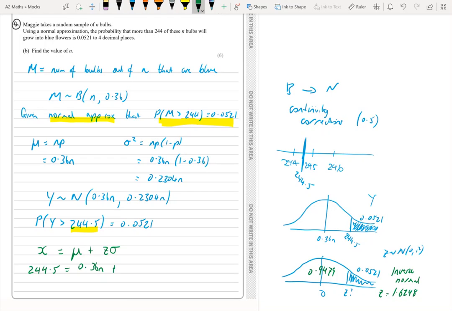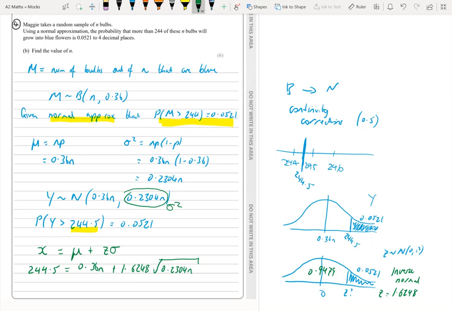Z is the only thing that we take from the underworld. That's 1.6248. And sigma, if we look back at our distribution, this is variance. This is sigma squared up here. So sigma is the square root of 0.2304n. And that's an equation that we're going to have to solve to find n.